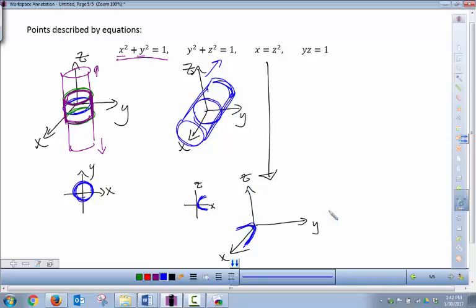And then now we're going to sweep it along the missing variable, which is the y. So this is harder to draw because of the angle that I have it in. Okay?